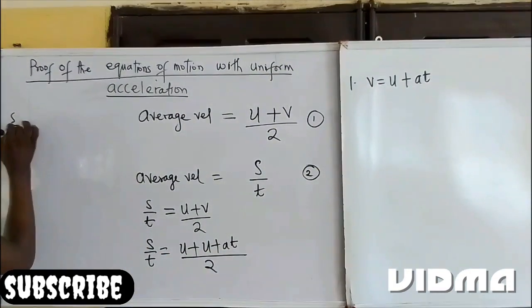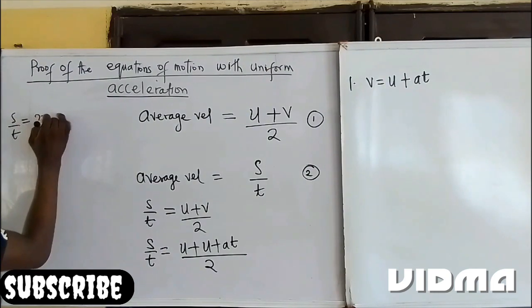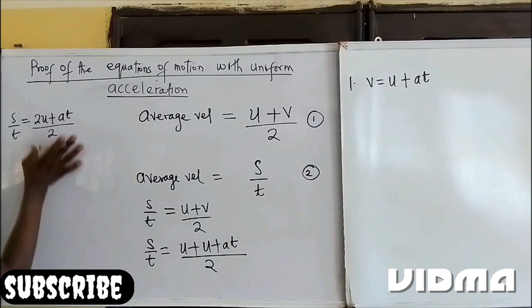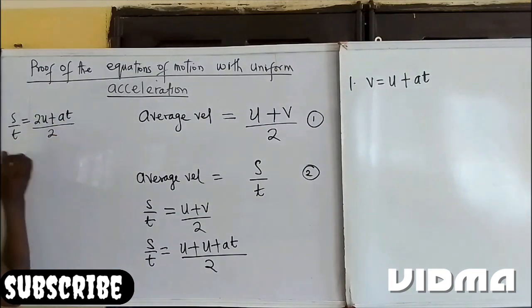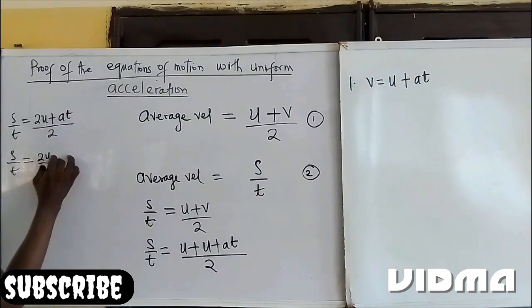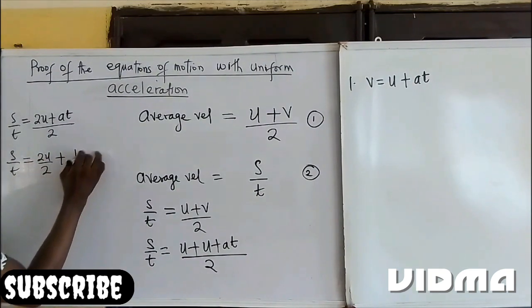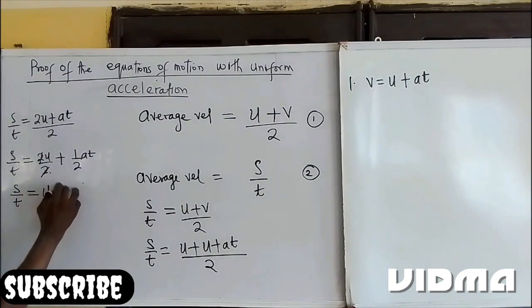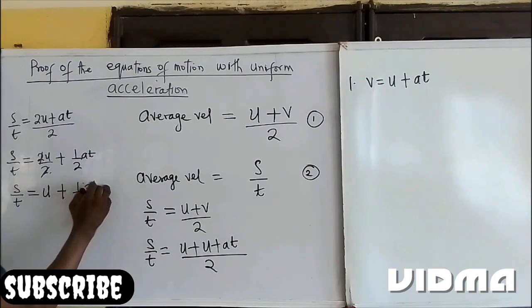So S over T is equal to 2U plus AT all over 2. So splitting this fraction at the right hand side, S over T will be equal to 2U over 2 plus half AT. So 2 cancels 2. S over T is equal to U plus half AT.